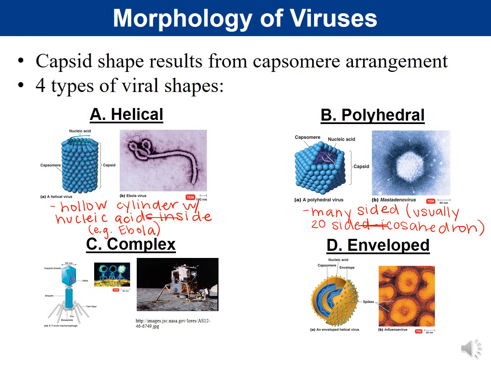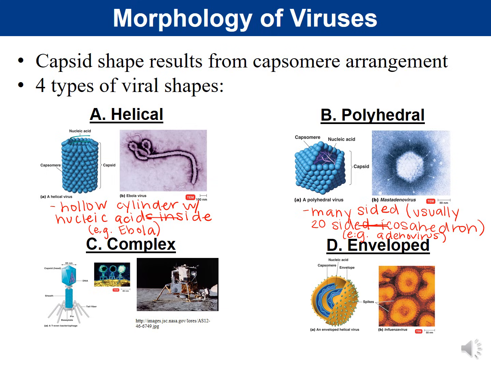An example of an icosahedron would be like an adenovirus. And an adenovirus causes respiratory infections.